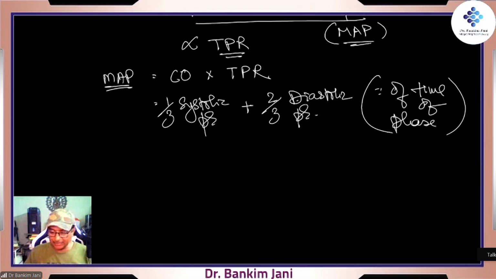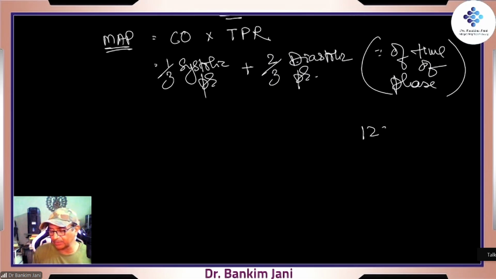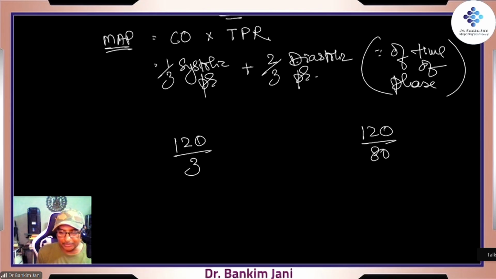So if someone's blood pressure is 120/80, what is the mean arterial pressure? The mean arterial pressure would be 1/3 of 120 plus 2/3 of 80.